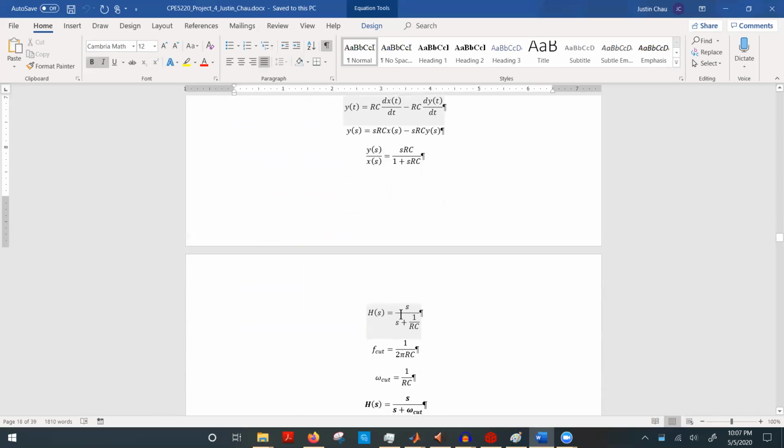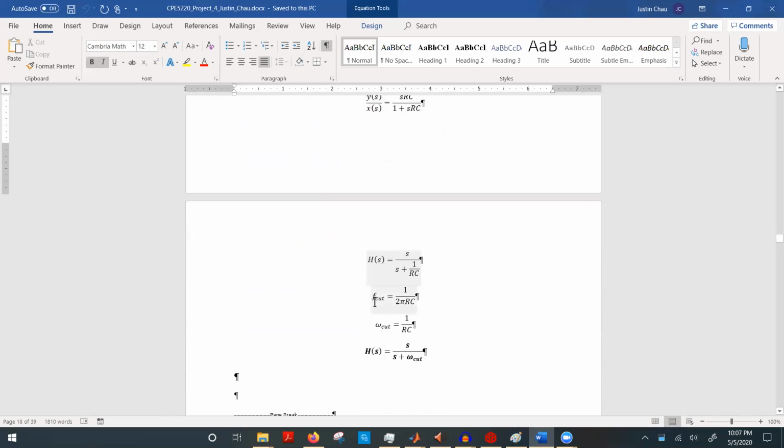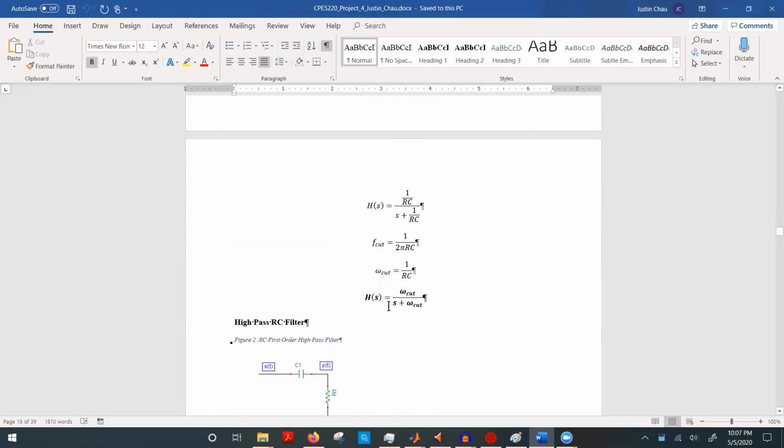Again, like last time, we can rewrite the cutoff frequency and the angular cutoff frequency by substituting R and C, so we don't have to use specific values of resistance and capacitance. Instead, we can design based on what we want our cutoff frequency to be. This is the high-pass filter transfer function. It looks similar to the low pass transfer function, except there's an S instead of an omega in the numerator.